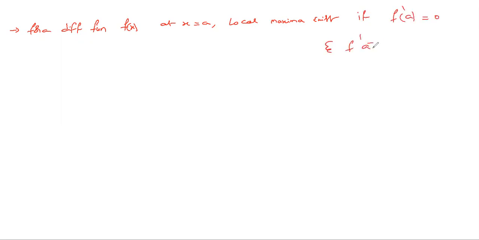Next note point. For a differentiable function f of x, at x is equal to a, local maxima exist if f dash of a is equal to 0, and moreover f dash of a minus should be more than 0 and f dash of a plus should be less than 0.